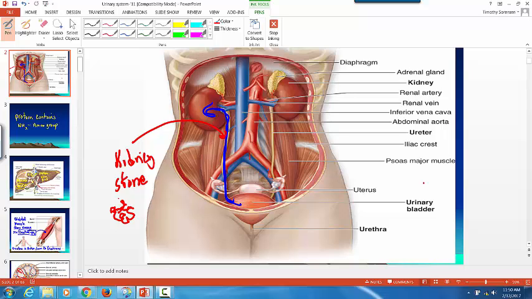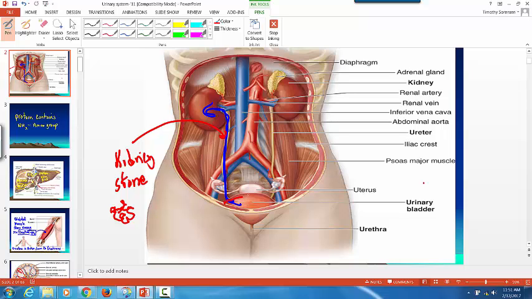They're sharp and jagged, and they can actually dig into the lining of that ureter. And if that happens, you will get pain. It's called renal colic. Basically, every time the ureter goes through those peristaltic waves, that is going to cause shock waves of pain, right? Very, very bad for you.